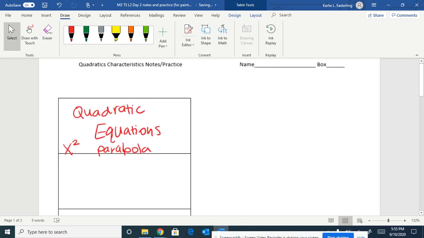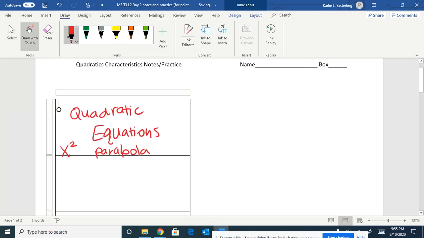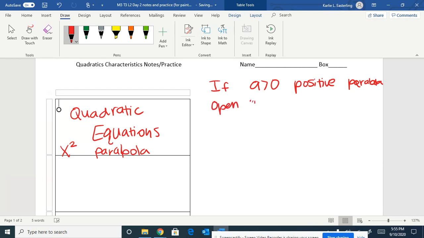I'm going to zoom in too. If a is greater than 0, that also means that a is positive, our parabola is going to open upwards, or up, which was in the other notes.